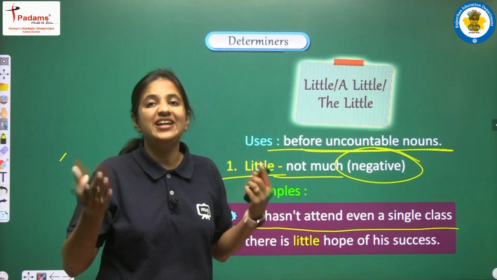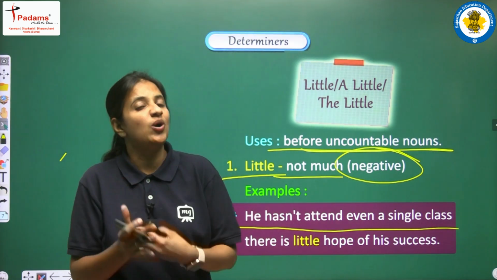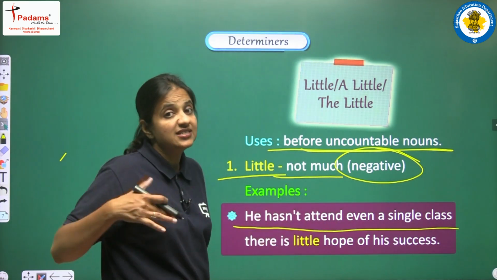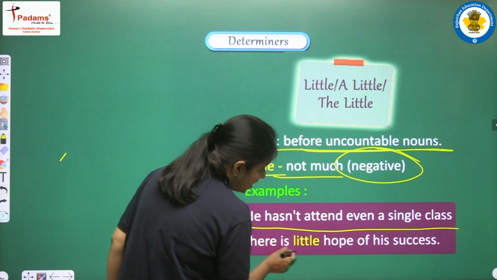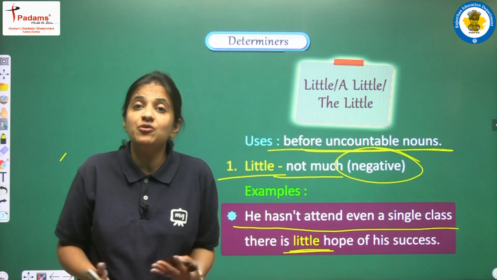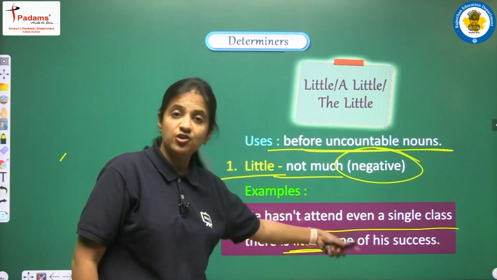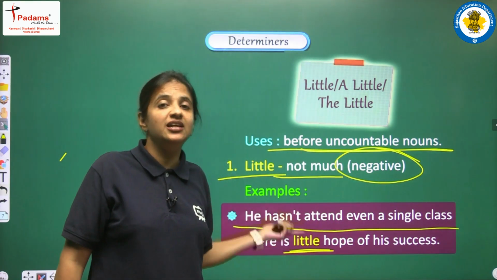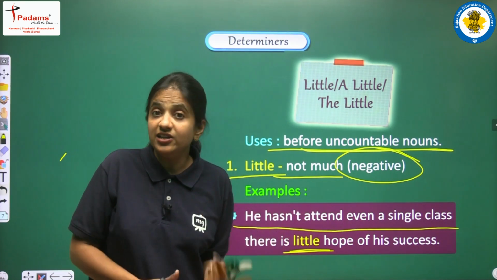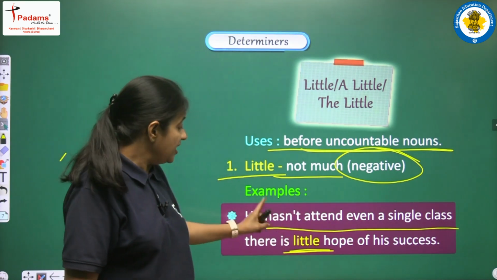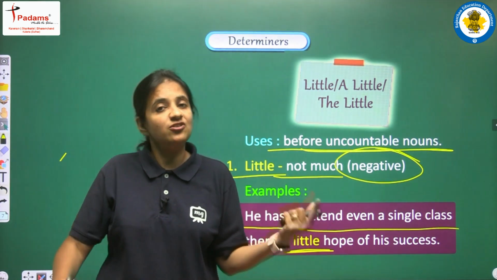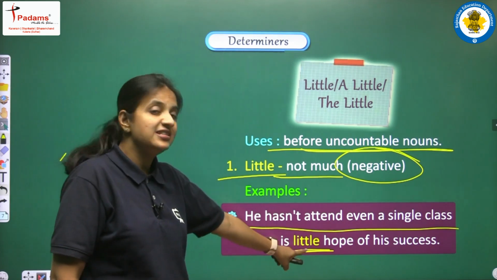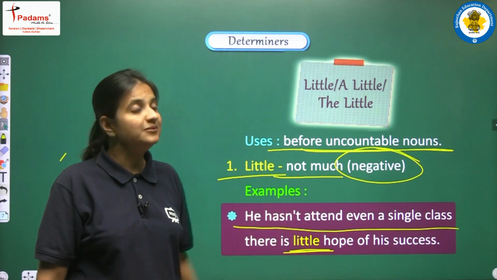So अगर किसी student ने एक भी class attend नहीं की है throughout the year, throughout the session, then definitely उसके पास होने की, उसके सक्सेस होने के जो चांसेस हैं, जो होप है, वो कैसी होगी? वो लिटिल होगी, वो नेगेटिव होगी, राइट? And hope we all know it's an uncountable noun, and for that here we have to use little because we are trying to give a negative meaning to the sentence because he hasn't attended even a single class. So definitely the chances, or we can say the hope of his success, it is in a negative sense. Clear?